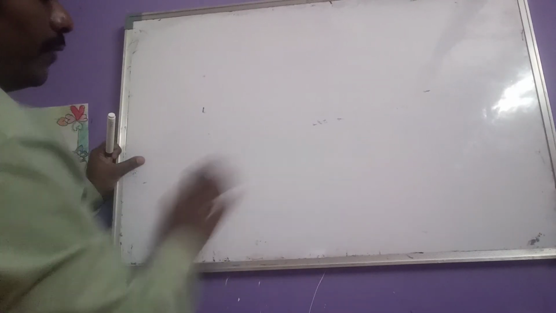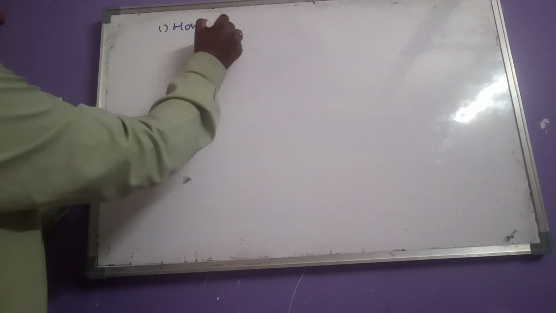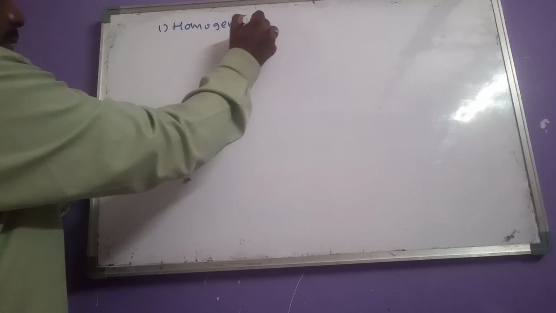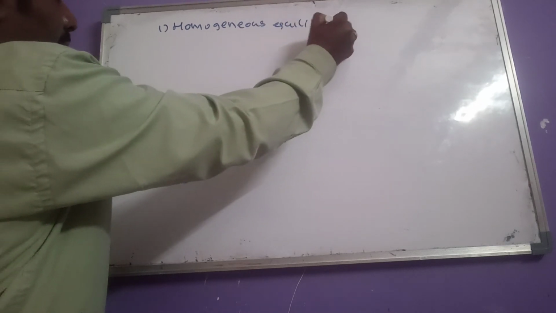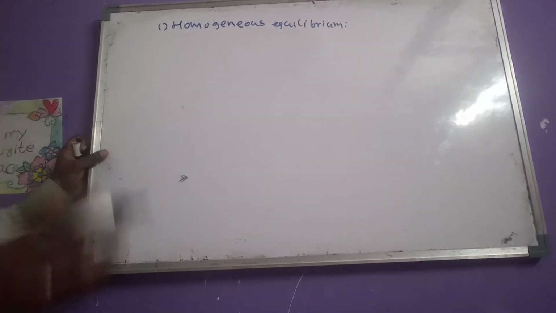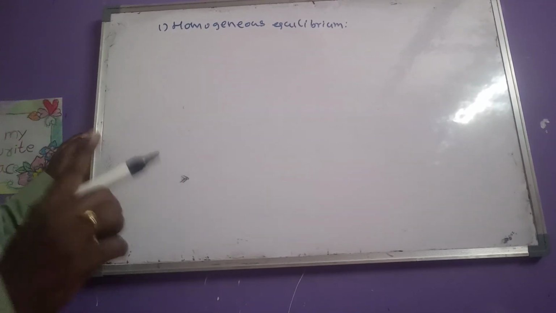So based on the physical states of reactants and products, two types of equilibria are there. What are the two types of equilibria? First one is homogeneous equilibrium. Homogeneous equilibrium means what here? That reactants and products both are present in the same physical state.